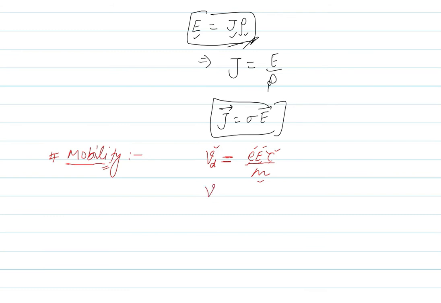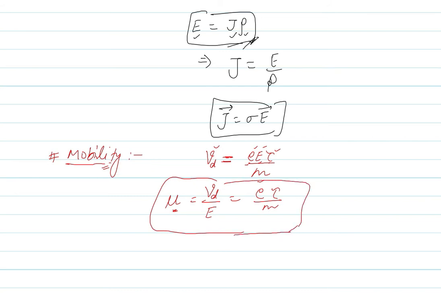So what do we do? We just divide this Vd by E, and once we divide Vd by E, we get e tau by m. So this is how we define mobility, right? Mobility means mu, and this is Vd by E. So the expression for mobility is this.